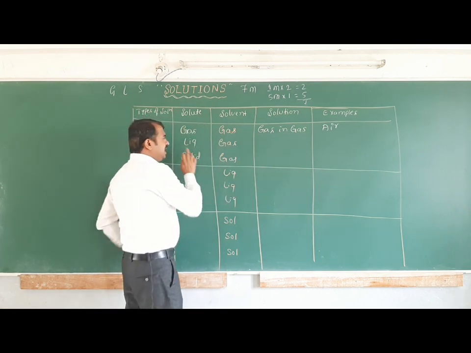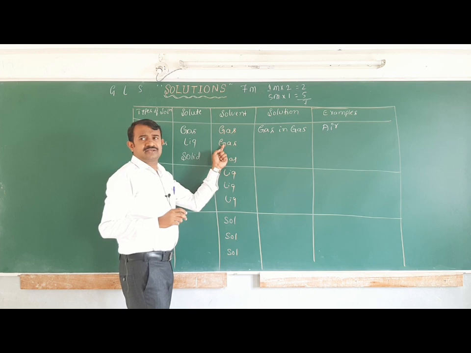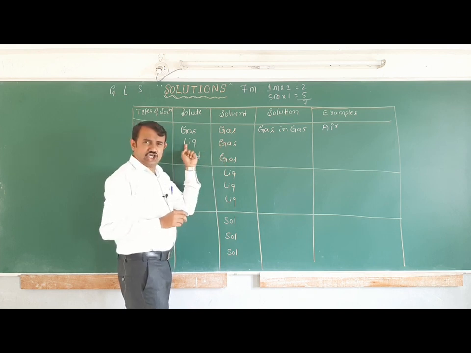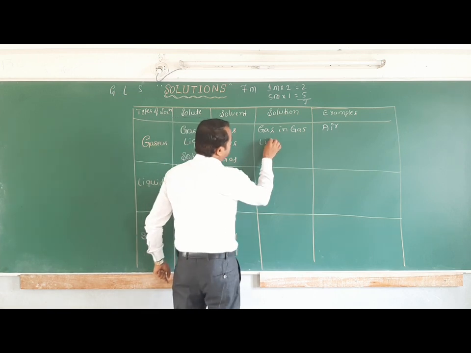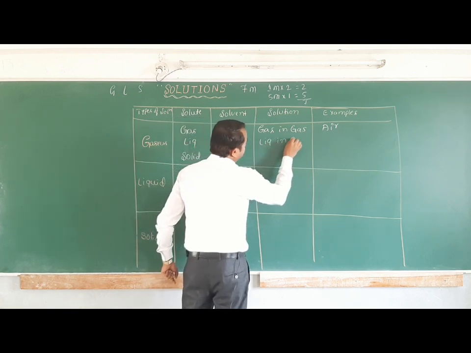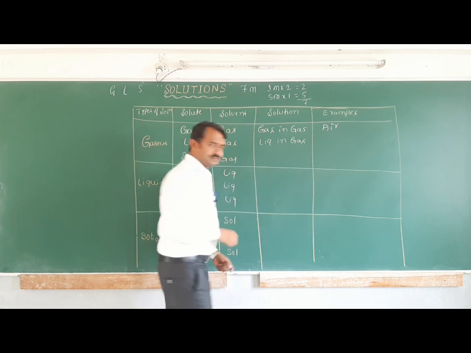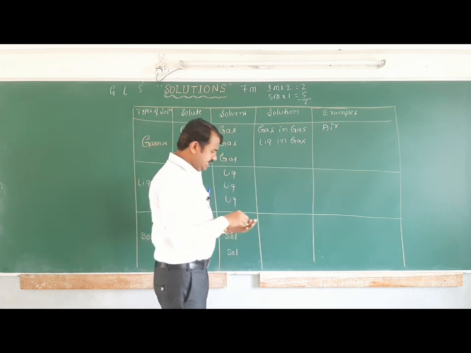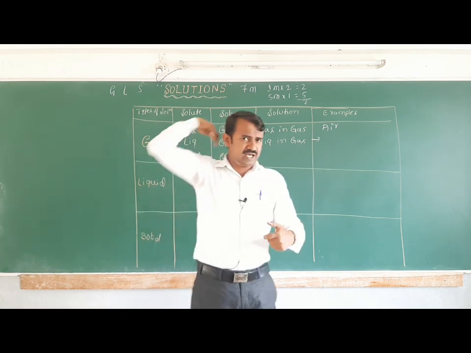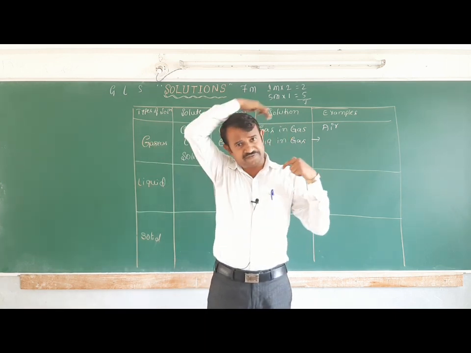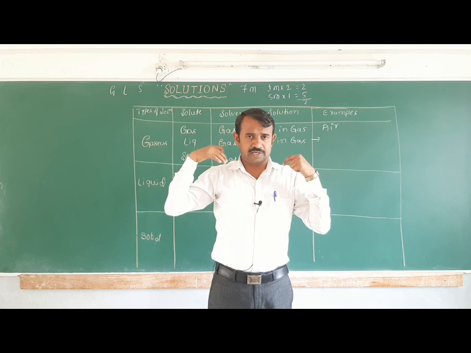Next one, liquid is dissolved in gas. Liquid is a solute, gas is a solvent. Liquid in gas means you can observe in the atmosphere that there is a gaseous phase in our atmosphere.